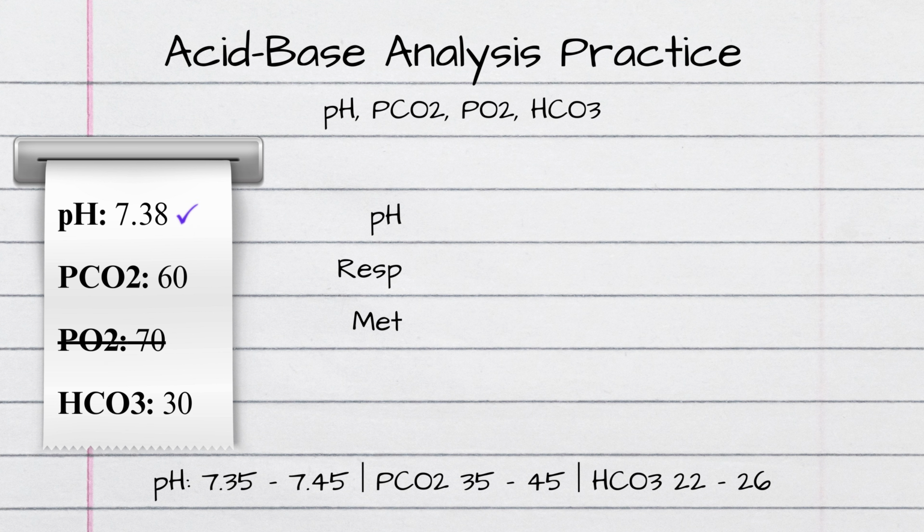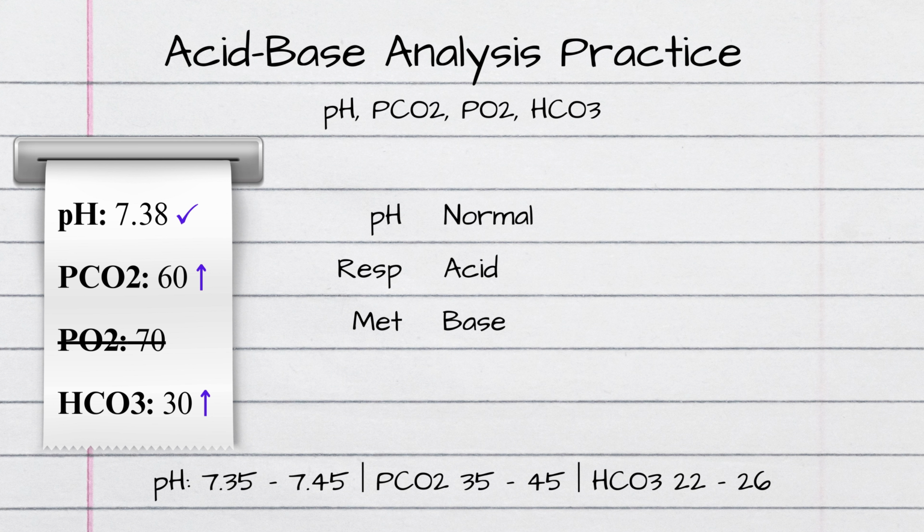Here, the pH is actually normal. We're done. Or are we? Let's make sure we review the other numbers before jumping to conclusions. Looking at the respiratory process, oh, it's an acid. And the metabolic process is a base. Normal, acid, and base.